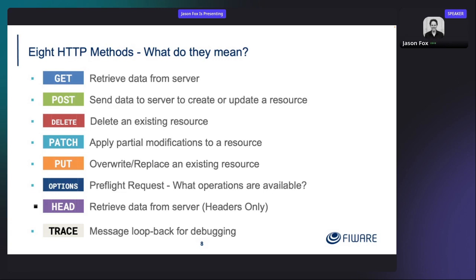Now, options is available on Orion-LD, but would not be specified as part of the API, because it's just saying what operations are available on each endpoint. Basically, the further you go down this slide, the more esoteric things are. I don't think I've ever come across any API that offers trace, so funnily enough, NGSI-LD doesn't offer trace either. Head might be useful.